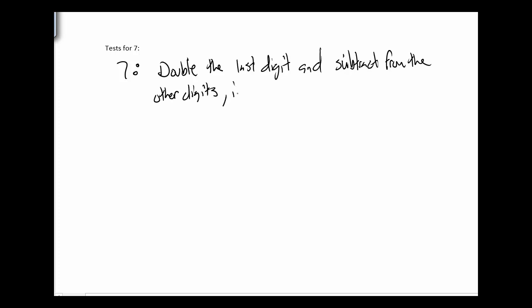If the difference is divisible by 7, then the original number is.